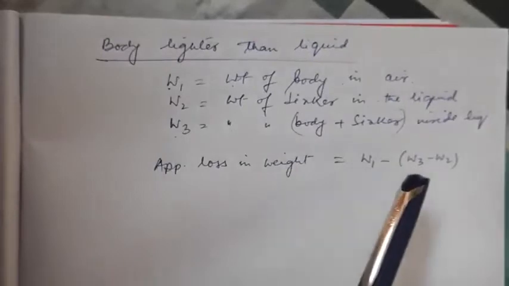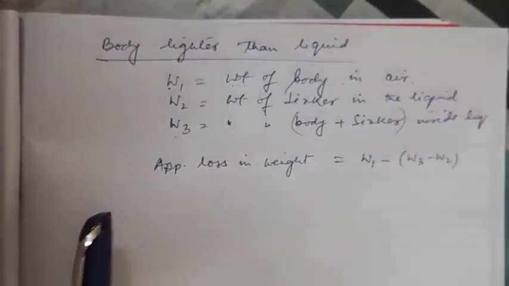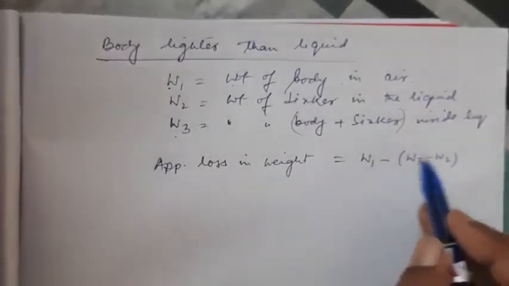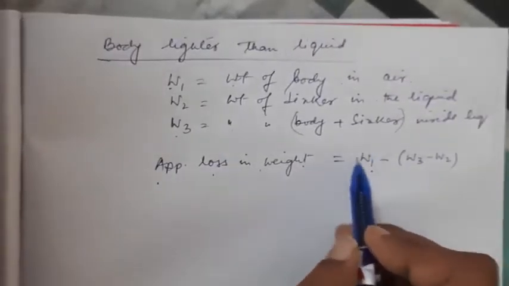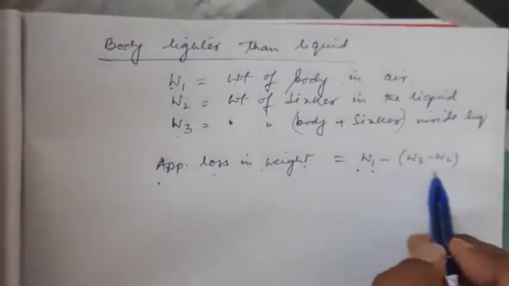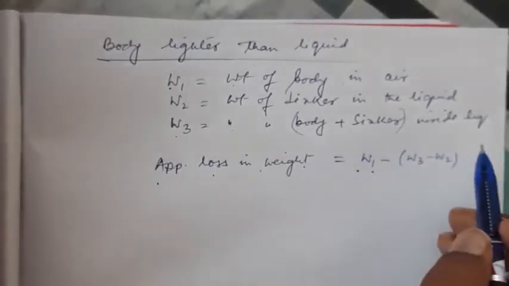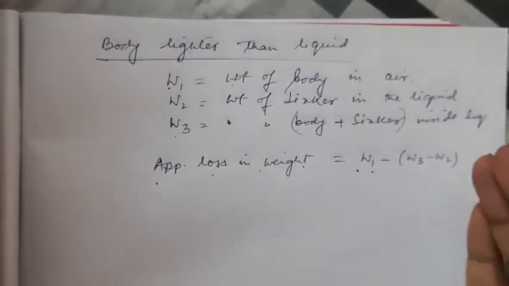So subtracting W3 minus W2 from W1 gives the apparent loss in weight, because this is the weight in air and this is the weight in water. W3 minus W2 means the weight of the body in water.